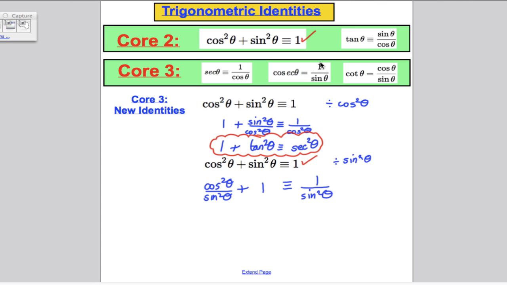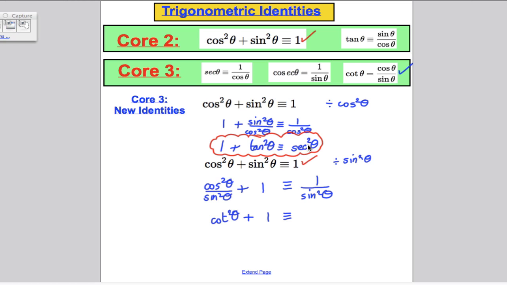Now we can use some of our definitions above. Cos theta over sine theta is cot theta. So cos squared theta over sine squared theta must be cot squared theta plus 1. And that's identical to 1 over sine squared theta. Well, 1 over sine theta is cosec theta.